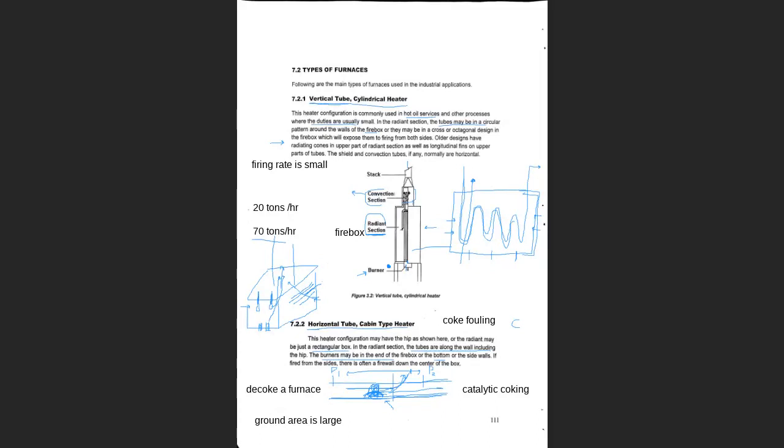But the good thing about it is that you can have a large vertical tube furnace that occupies a small ground area. مساحة الأرضية قليلة مقارنة بالنوع الثاني اللي هو الهوريزونتال.